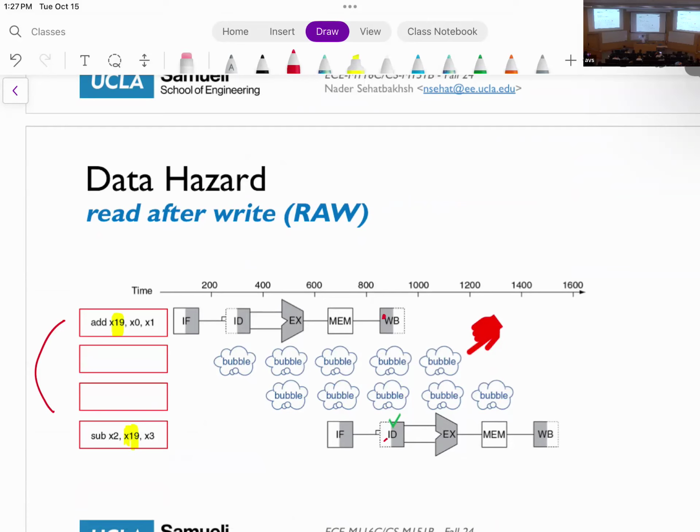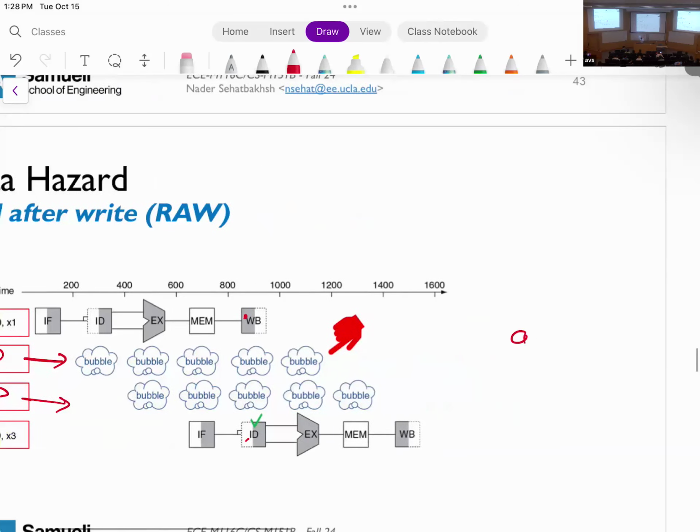Usually, what we do is insert what we call a bubble, or no-op: no instruction, no operation. OK? So essentially, I'm doing nothing, or I'm sending something that has no implications on the system. Think about this. I'm adding, for example, x0 with x0 and x0.